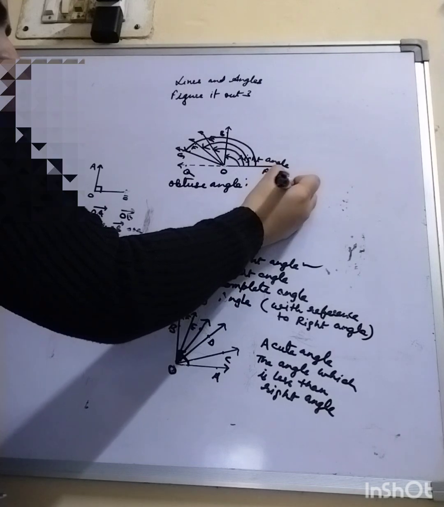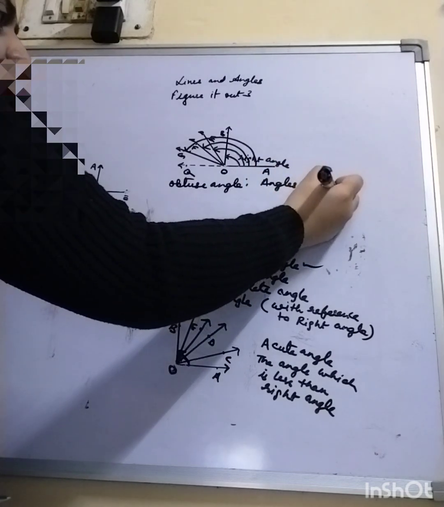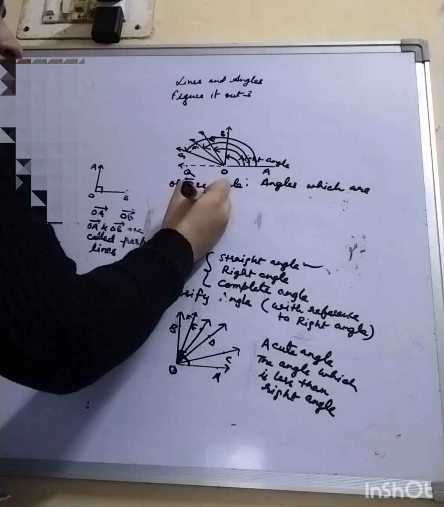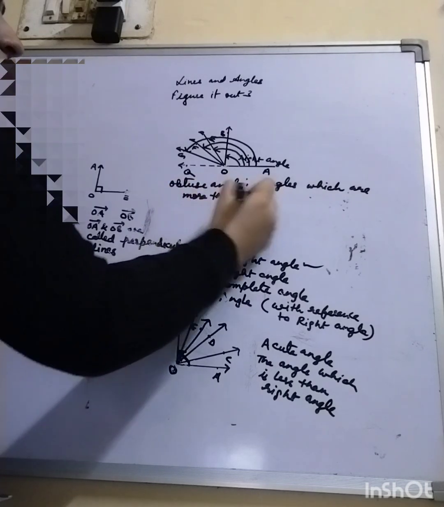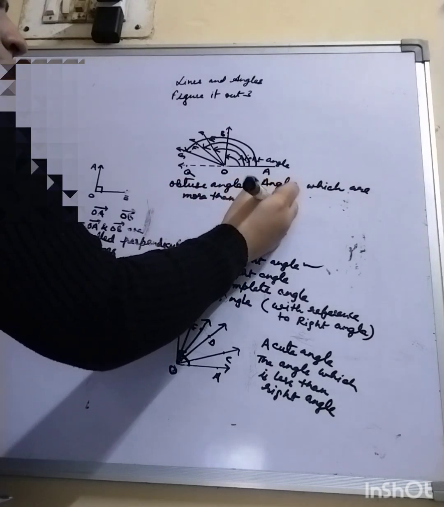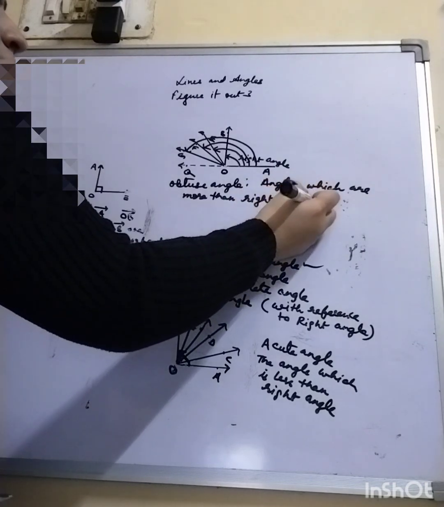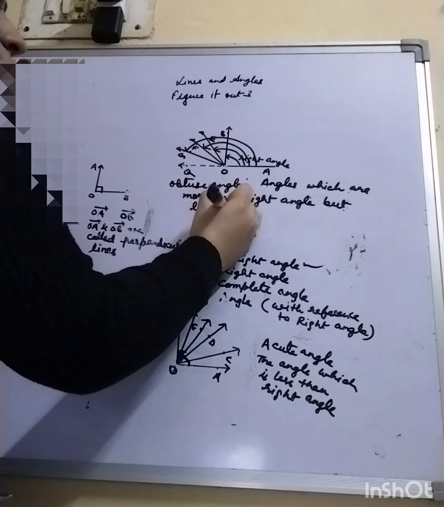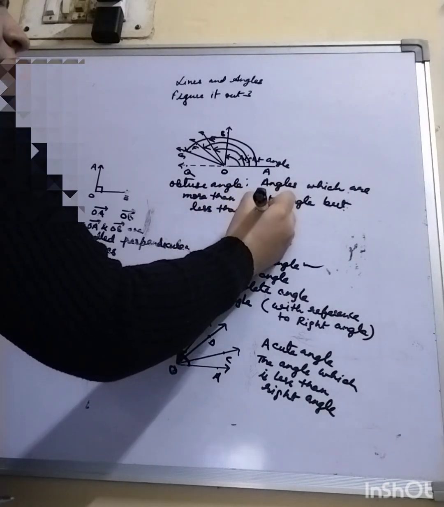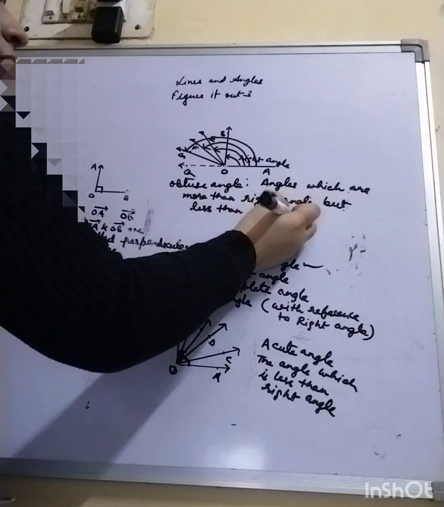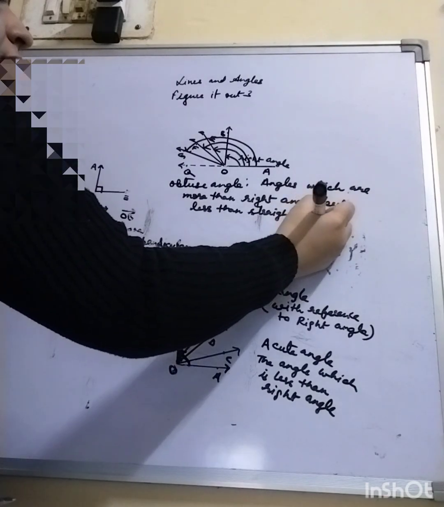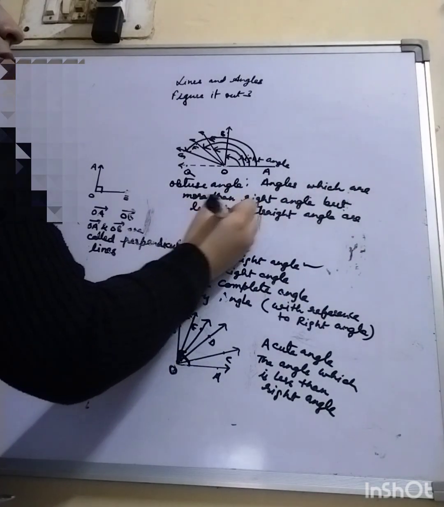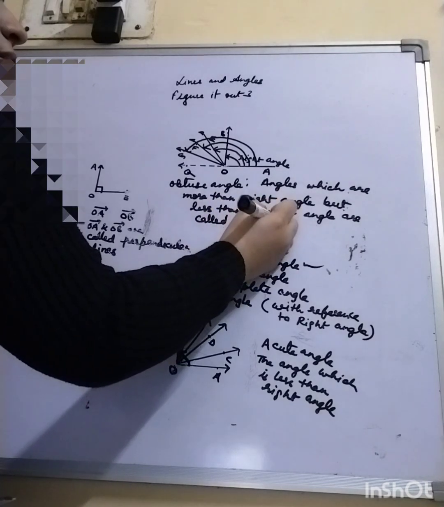Angles which are more than a right angle but less than a straight angle are called obtuse angles.